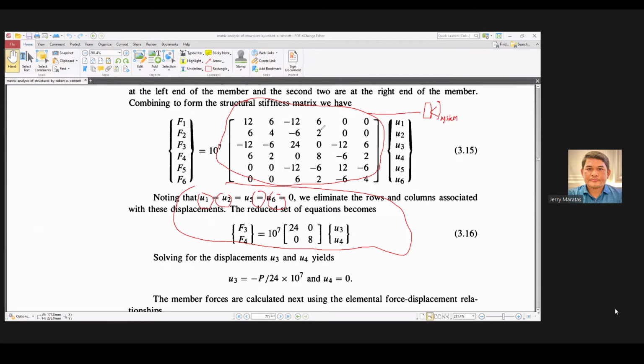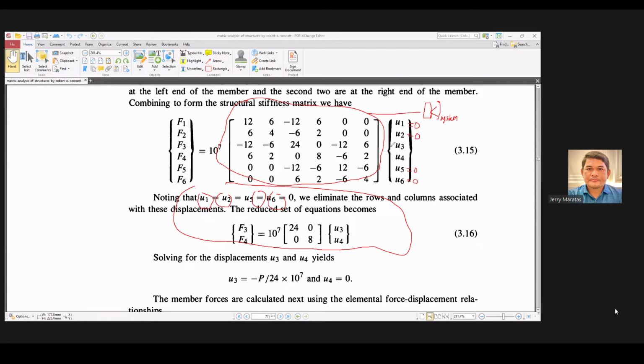After that, you have to reduce the matrix by applying the boundary conditions. Since it is fixed-ended, U1 is 0 and this one is also 0. That's the left end. On the right end, this one is also 0, and this rotation is also 0 because it is fixed.